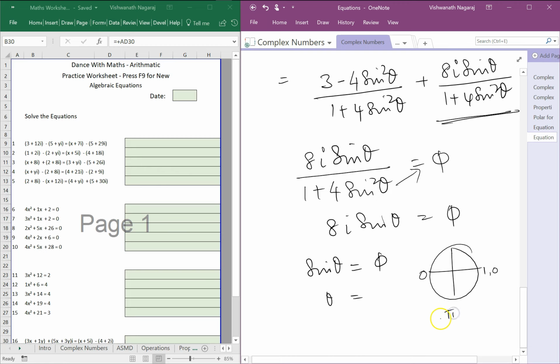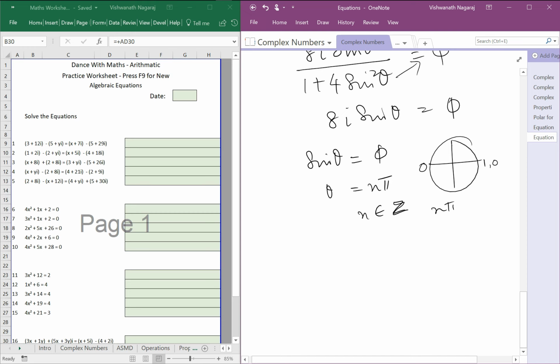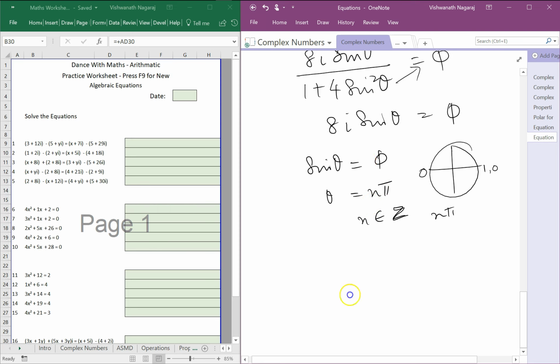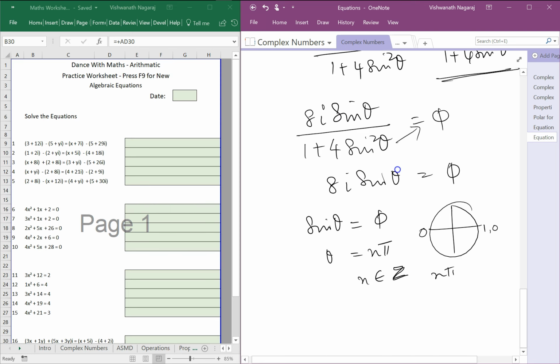So this is nπ, where n belongs to integers. So the answer is that for every multiple of π, this expression is purely a real number.